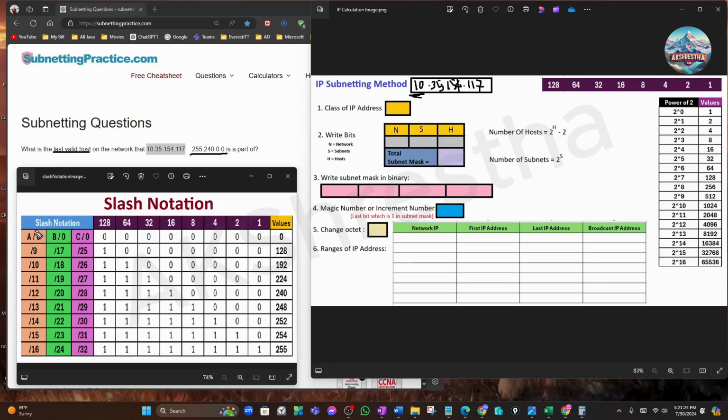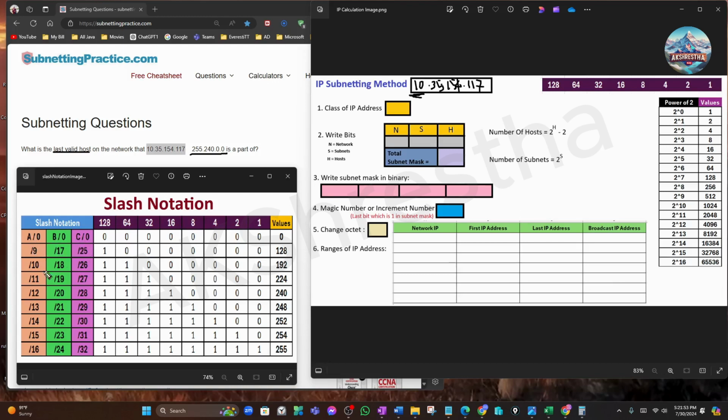And we have the other slash notation. If you have this 128, what notation do you have to put here? So this is 3, right? Slash 9, slash 17, slash 25. Check it out, this is a cheat sheet, you can say. If you have slash 25, that means 128, slash 17 128, slash 9 128. This is ABC.